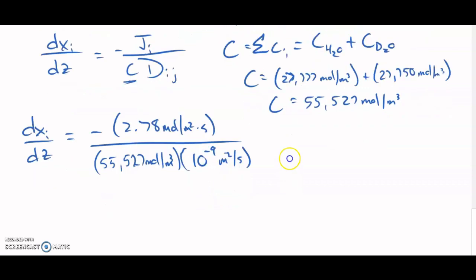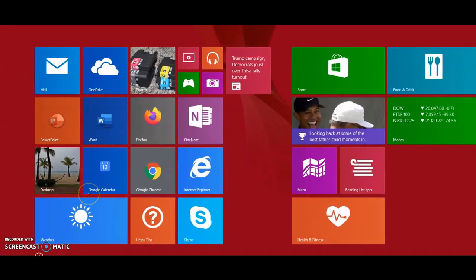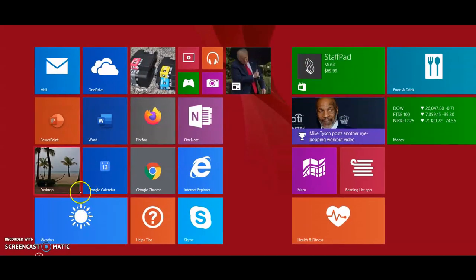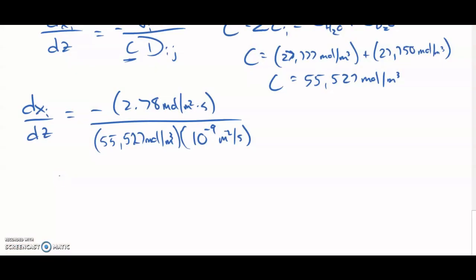So this will ultimately give us an overall driving force, or max driving force. We do want to take the absolute value of this because it's going to give us a negative number.